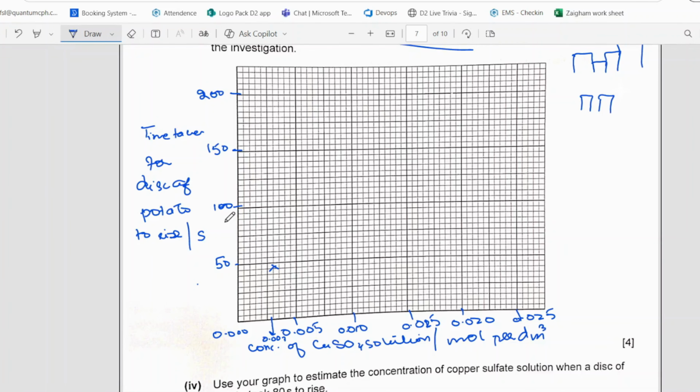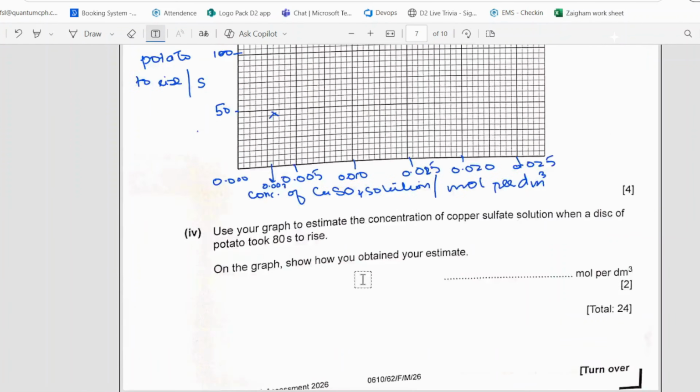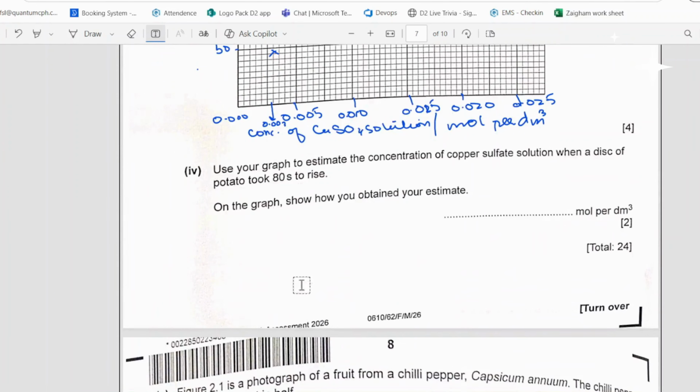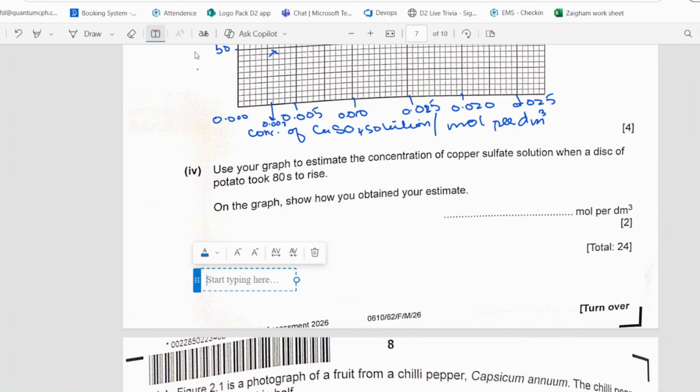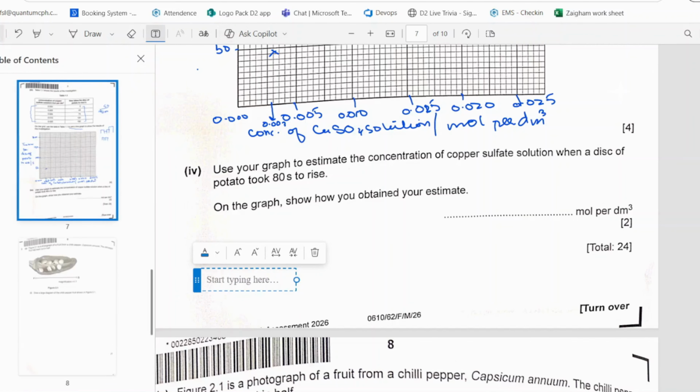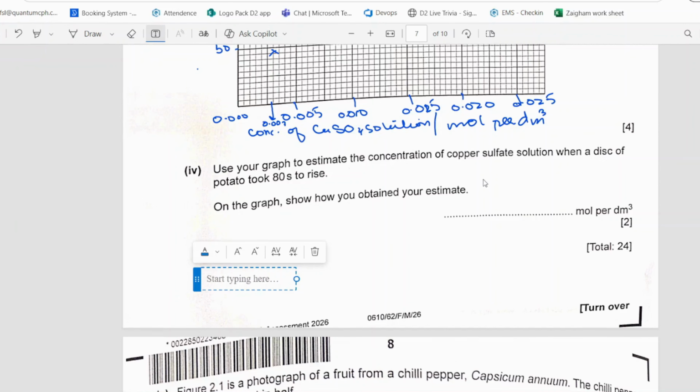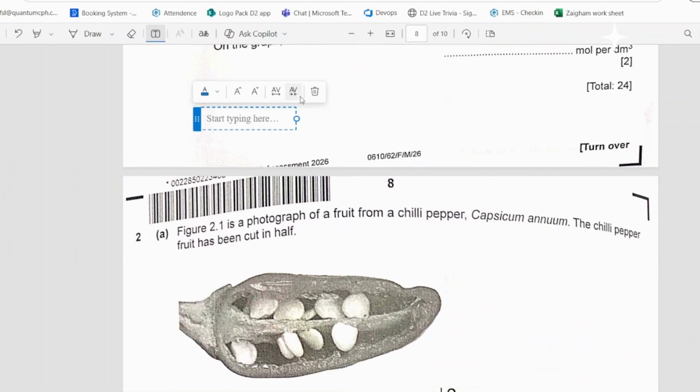I'm trying to add something over here, but I'm not able to. Let's see if I can. No, I cannot. Okay, let's do it later. Wait, what was that?